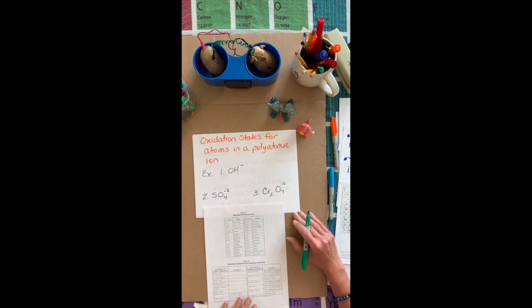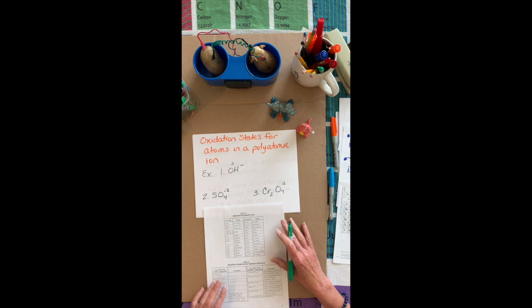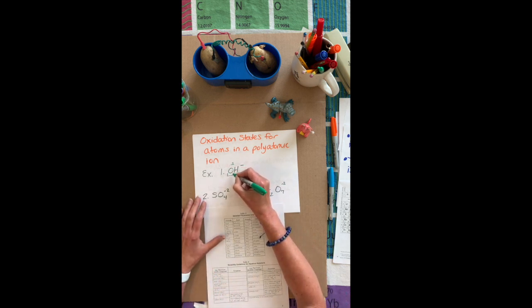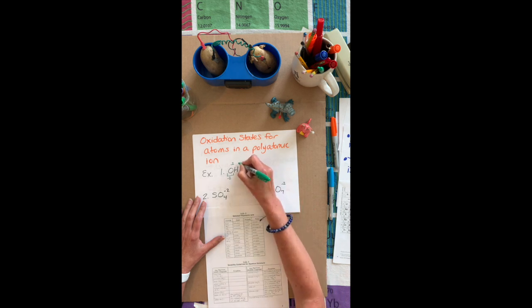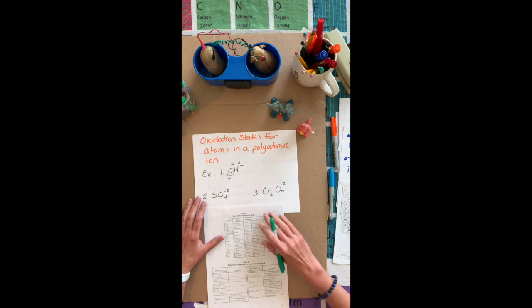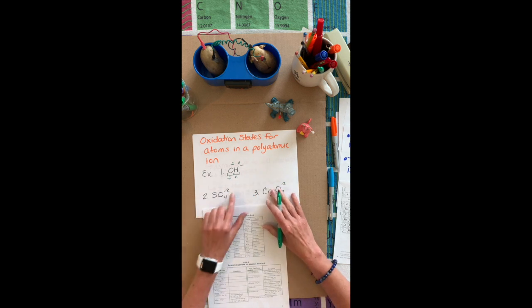So when we look here, we know that oxygen has a -2 charge on its own, and we have one of them, -2 charge. We know that hydrogen always has a +1 charge unless it's bonded with a metal. And we have 1 hydrogen here, it's +1. Notice that these are the proper oxidation states. It doesn't add up to 0.